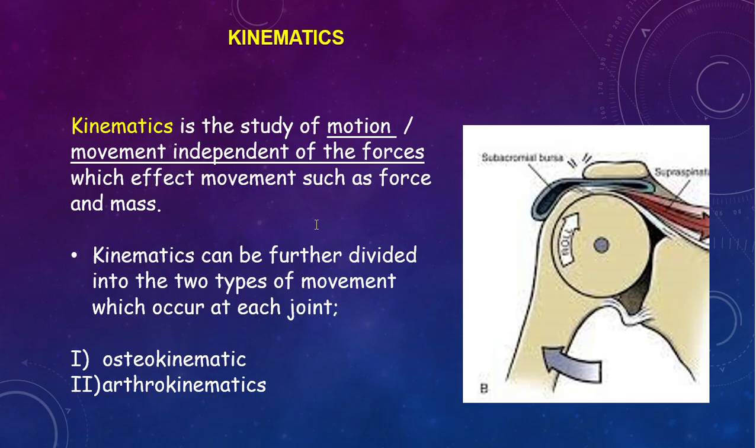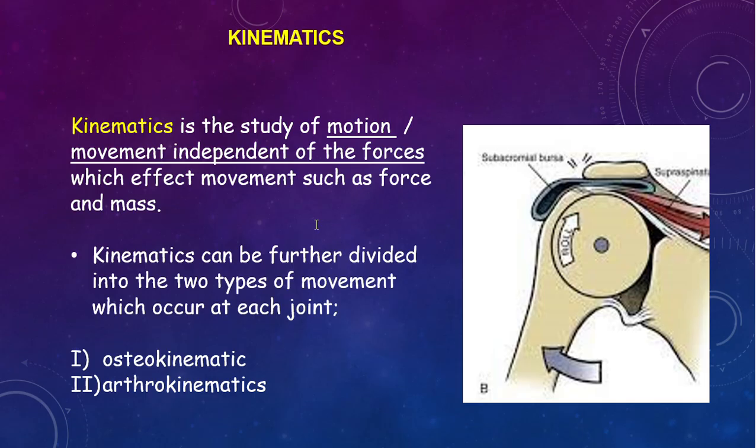When you look at the word itself, the first part of the word, osteo, is bone. So it means movement of bones away from bones, or movement of bone towards bones. That's osteokinematics. So when I ask you to move your arm away from your body, that's what we call abduction in anatomy. That is osteokinematics, because then the humerus is moving away from the glenoid cavity.